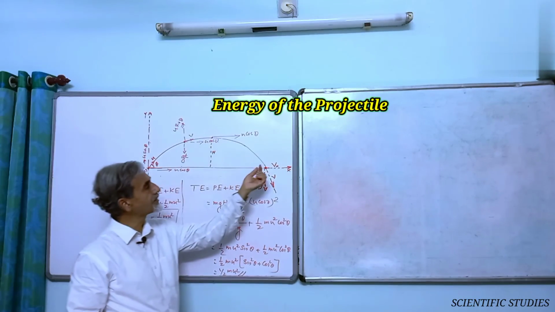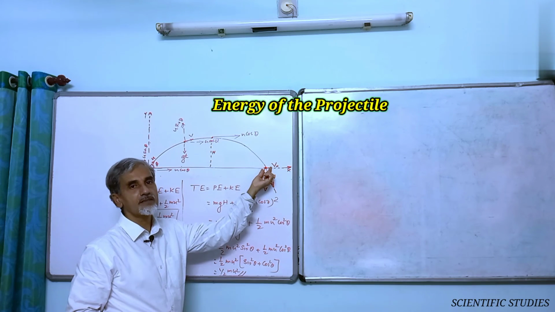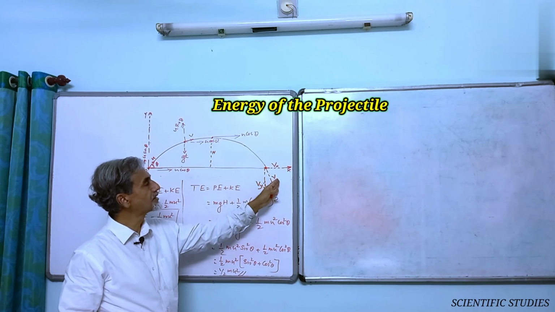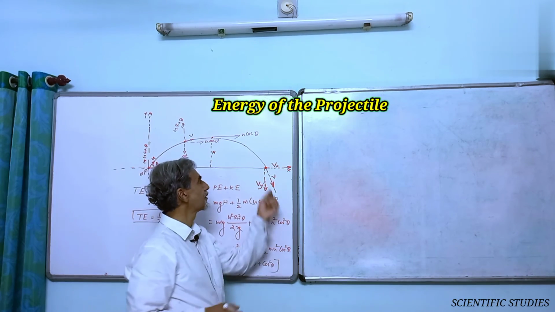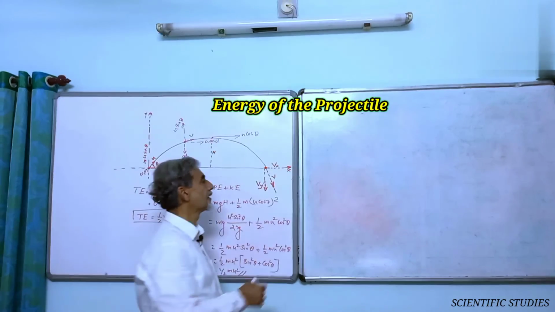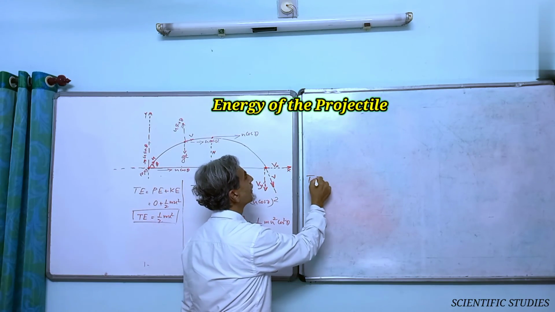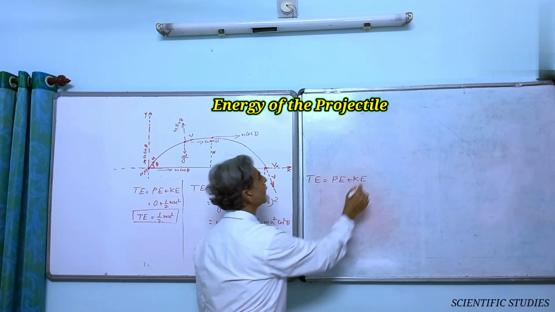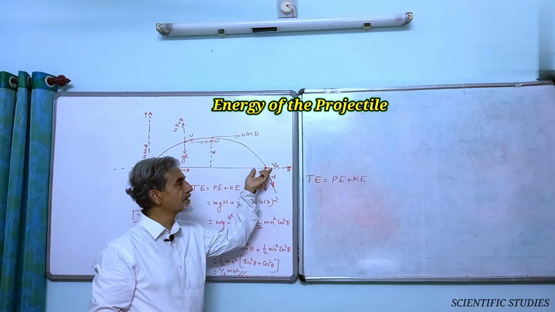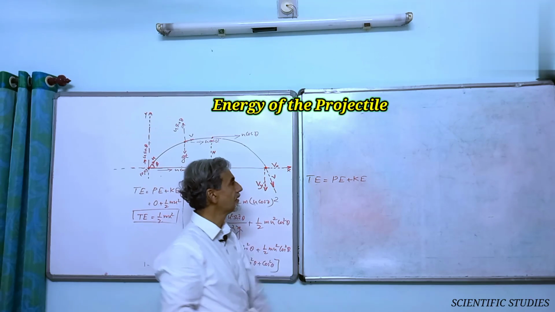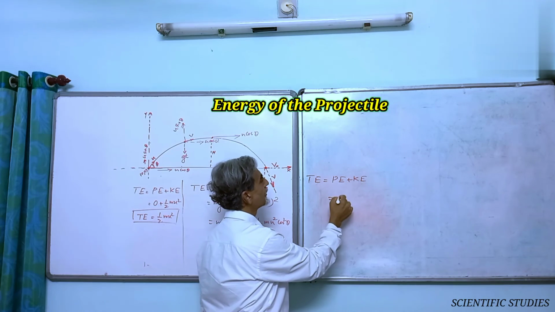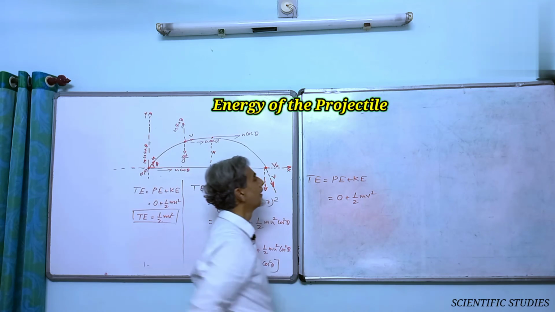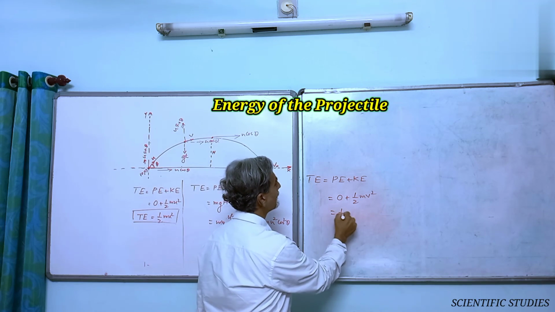And when the body reaches the destination, that is at the end of the projectile, the velocity is v and the body is on the ground surface. Therefore, total energy, here also, is potential energy plus kinetic energy. Since the body is on the ground surface, it has no potential energy. Therefore, total energy is equal to 0 plus kinetic energy, that is equal to half m v square.